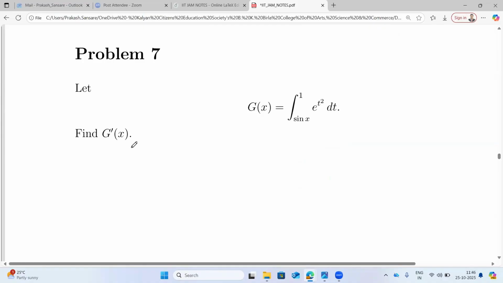Now here, instead of find g dash x, I'll ask find g dash at 0. So let's try out. I'll wait for some time. Find g dash at 0. And the hint is use the Leibniz rule.